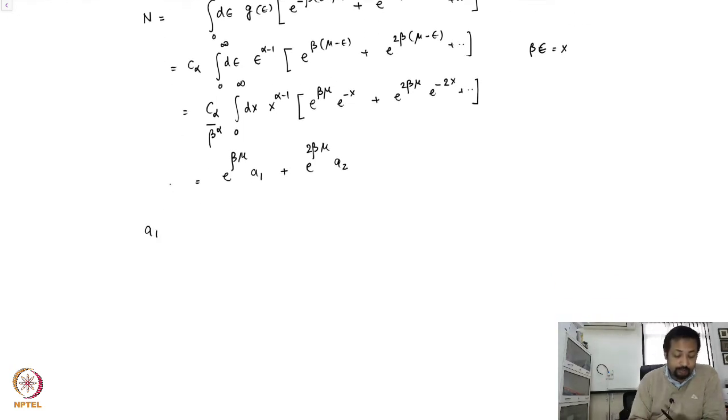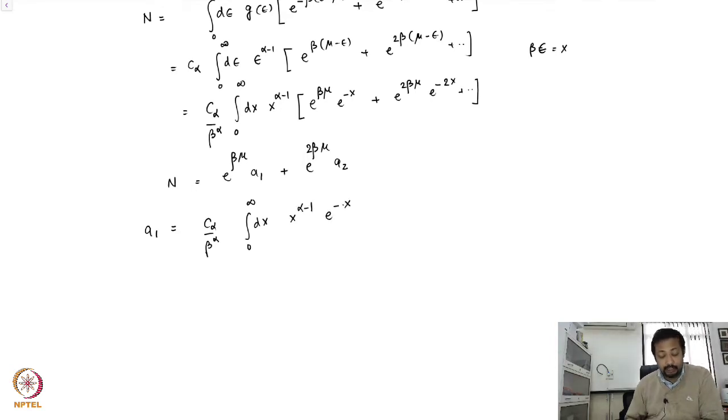Where, for the particle number, a1 is given by c_alpha beta to the power alpha, integral 0 to infinity dx x to the power alpha minus 1 e to the power minus x.